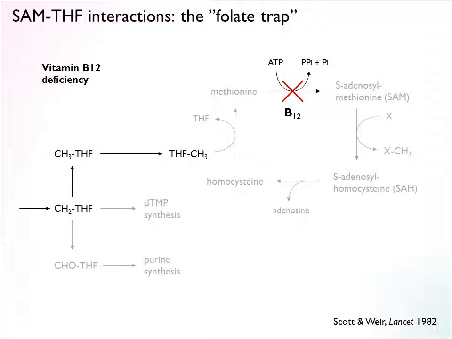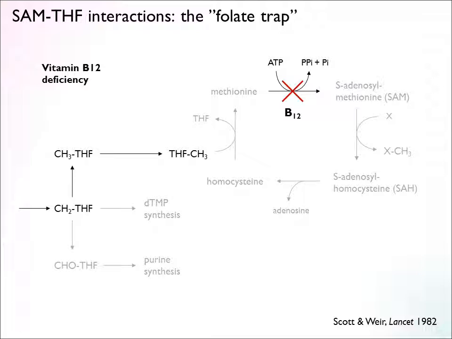And in some people that have metabolic deficiencies or genetic deficiencies for B12, you can get this type of deadlock or trap, where because you cannot form SAM, the cell interprets this as a loss of methionine or a loss of methyl groups.